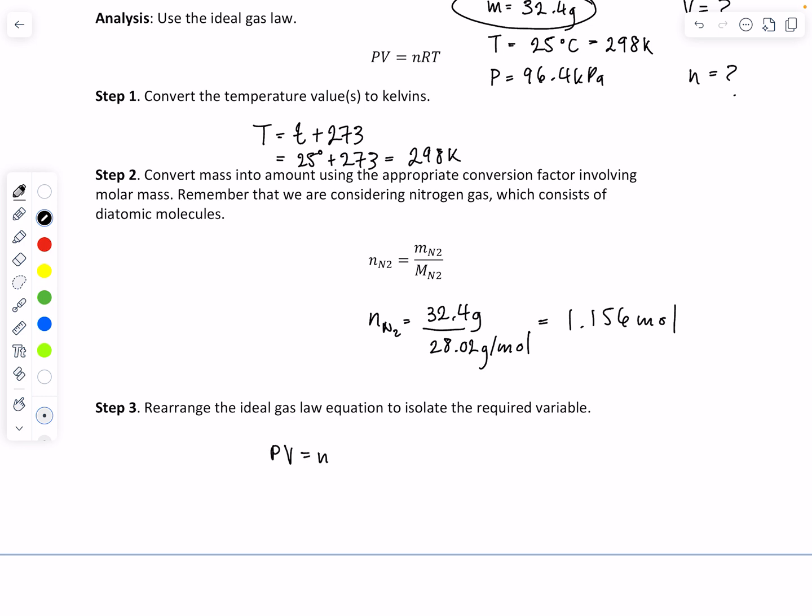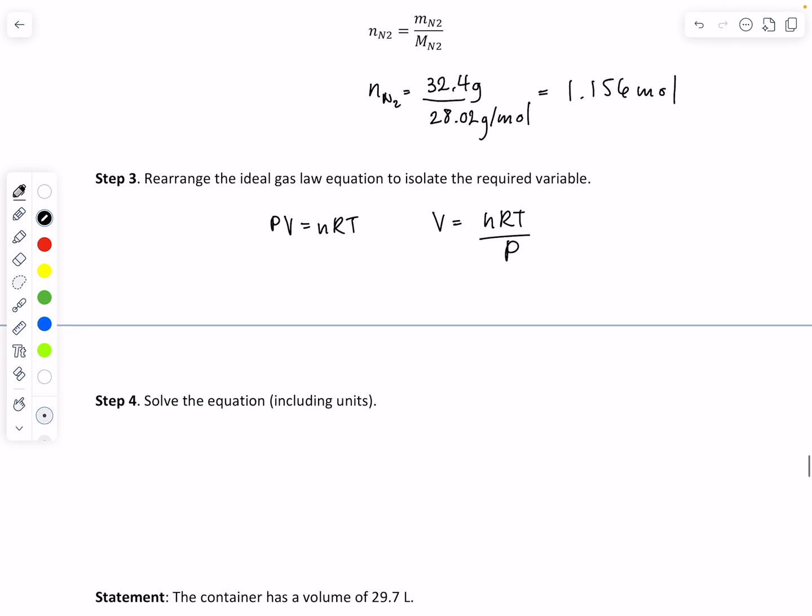PV is equal to nRT, and if we're isolating for V, we're going to divide both sides by pressure. So V is equal to nRT over P. Let's solve.